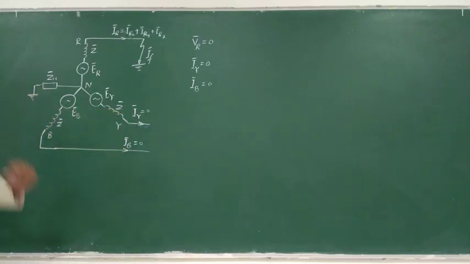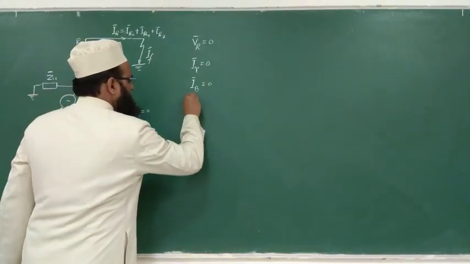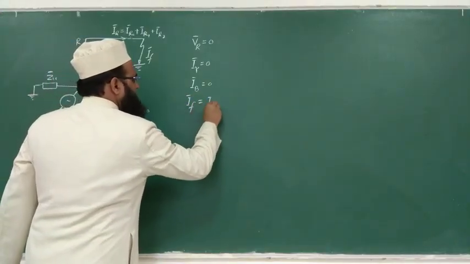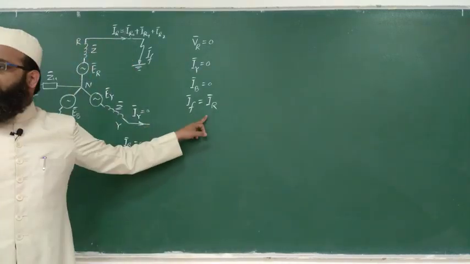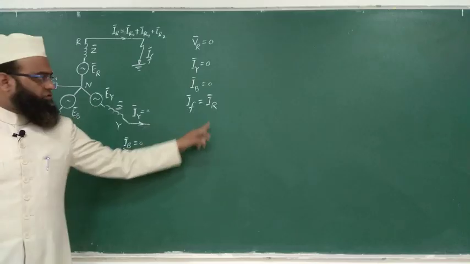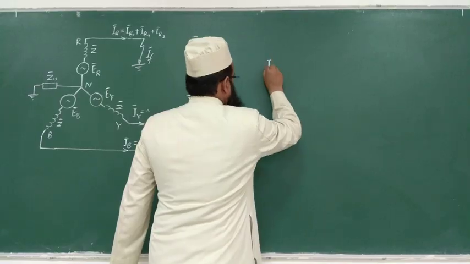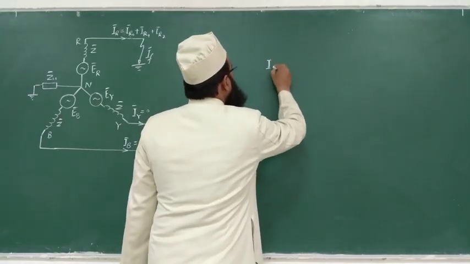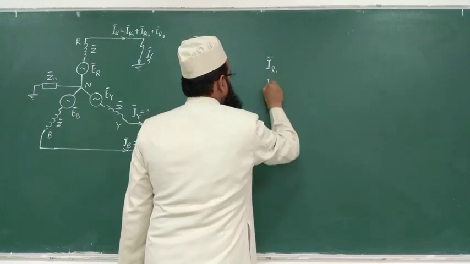And one more, what will be the value of IF? Fault current, whatever the value of this IR is coming out to be. So IR is having three components: IR0, IR1, IR2. You know how to get sequence components of currents knowing phase current.